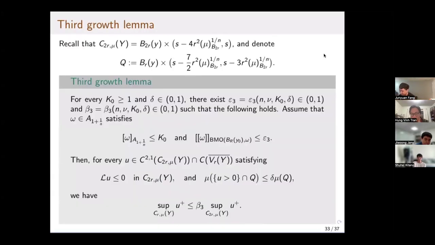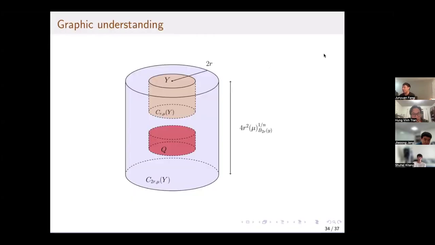So that means if we have some positive density of this Q, then the supremum over the interior half ball, half cylinder will be smaller than some beta 3. Also, it is independent of the solution between 0 and 1, the maximum; this is also a maximum principle, the quantitative one.